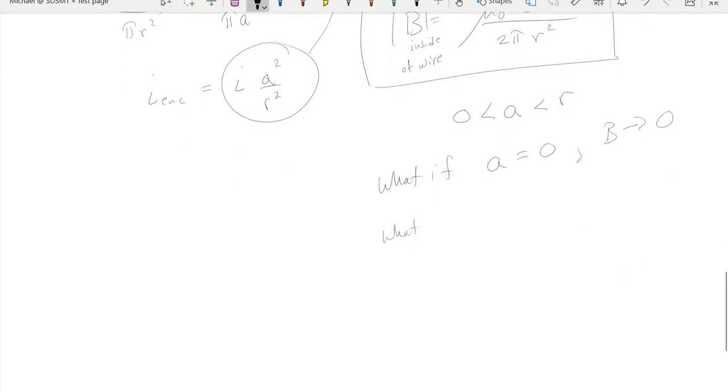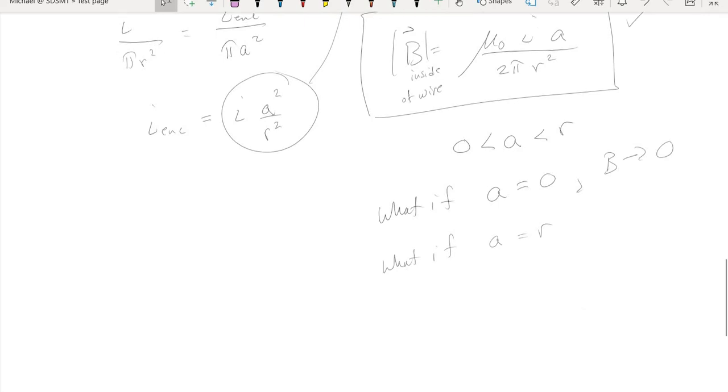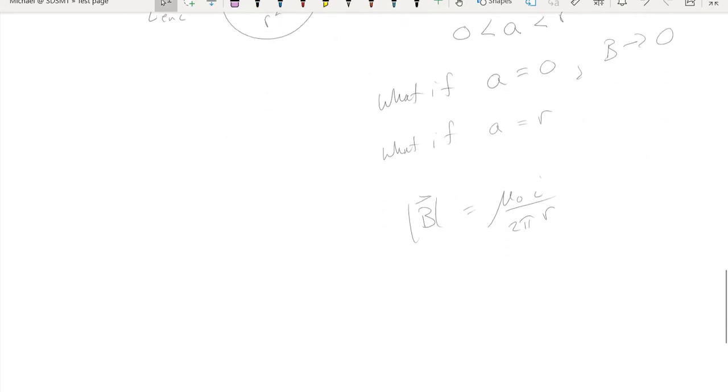The other thing we could try is, what if we let a equal R? So what if we went back to the surface of the wire? In that case, if a is equal to R, the expression will revert back to the straight wire current expression.